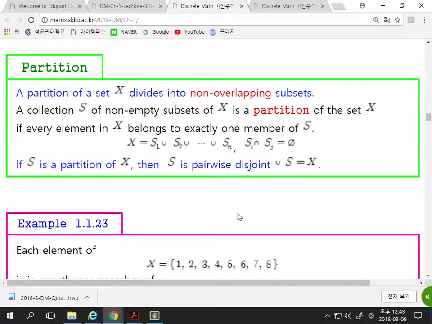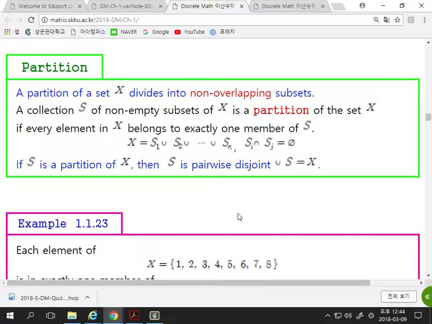What this means is, suppose you have a pan of pizza, and you cut it into 8 or 10 pieces. If you make a union of all those 8 or 10 pieces, you will make the whole pan of pizza, but each of those small slices of pizza are all disjoint.